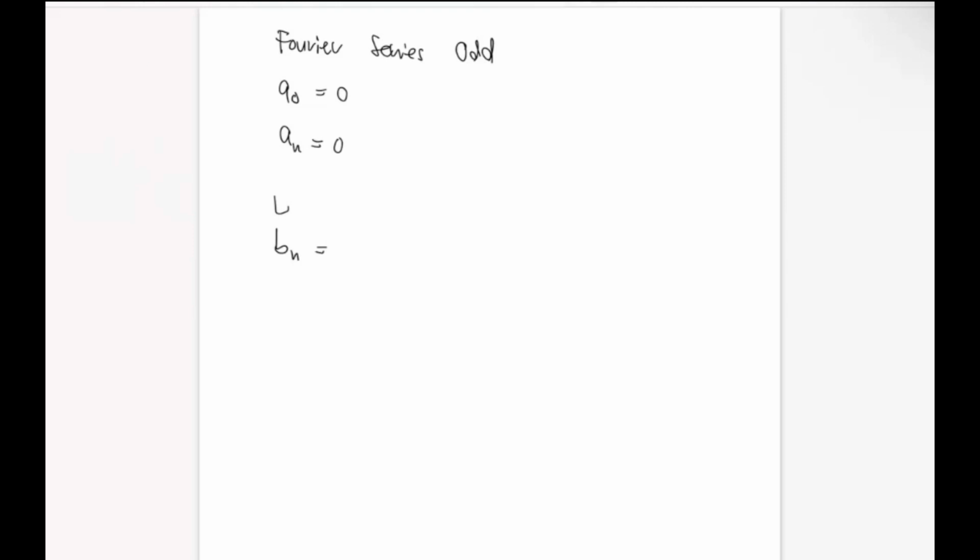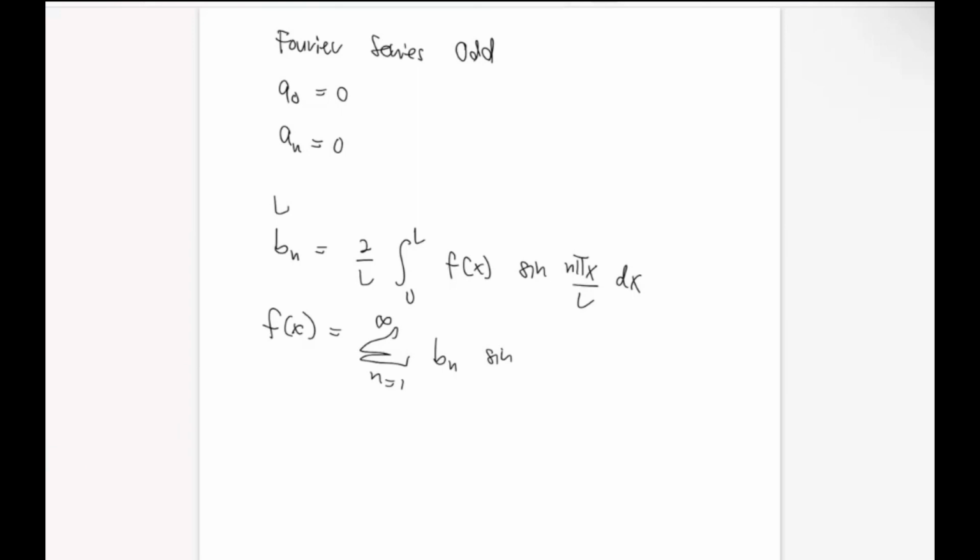So Bn is given as 2 over L from 0 to L f(x) sine n pi x over L dx. Lastly, you write the Fourier series as summation from n equal to 1 to infinity Bn multiply sine n pi x over L.